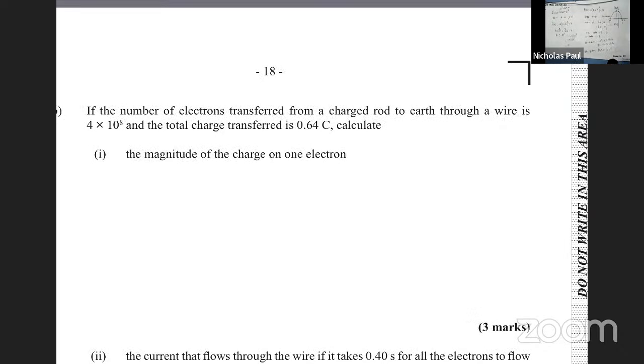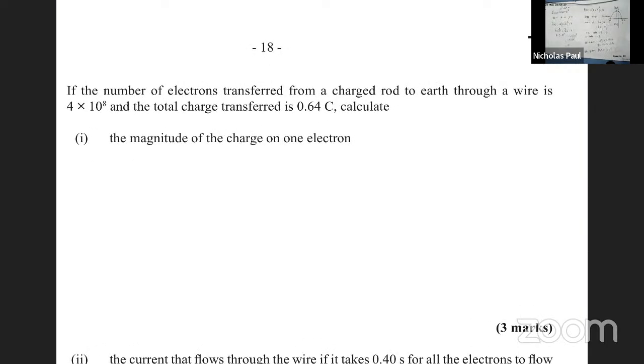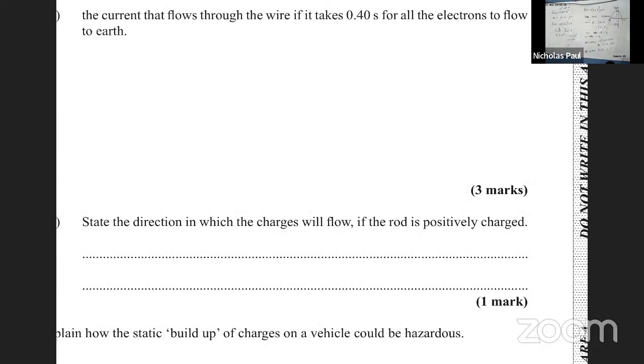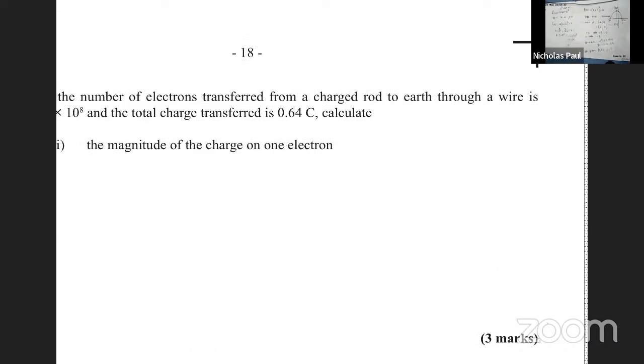What do you all think the answer is? The rod is positively charged, so electrons should move where? Initially the electrons should have gone from the rod to the earth, right?